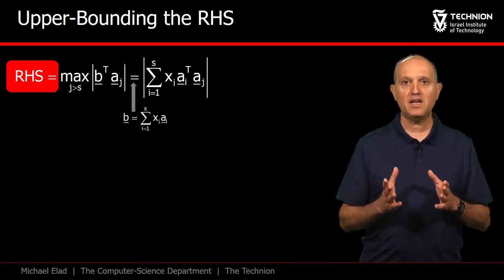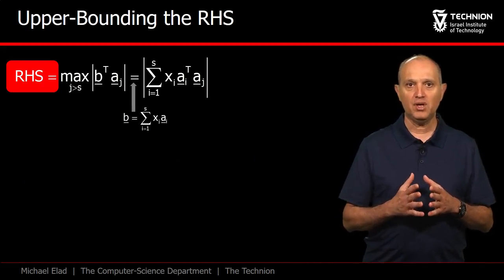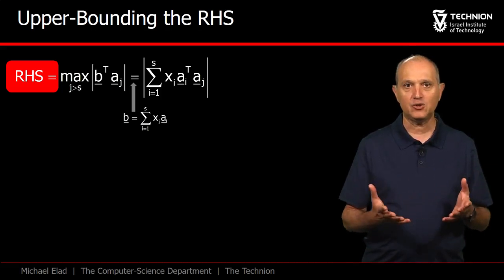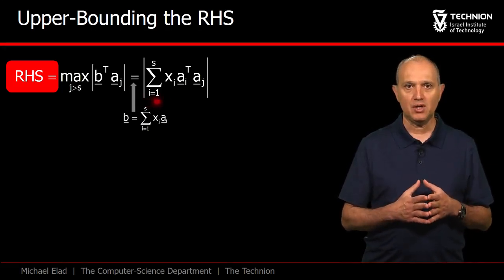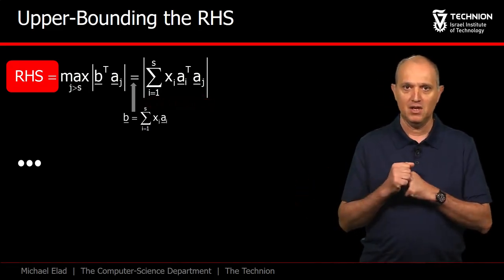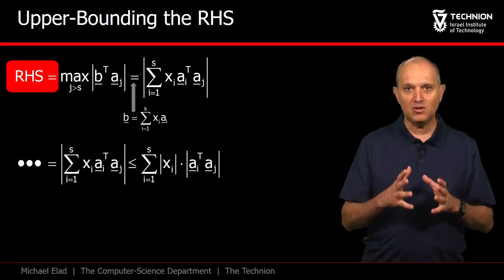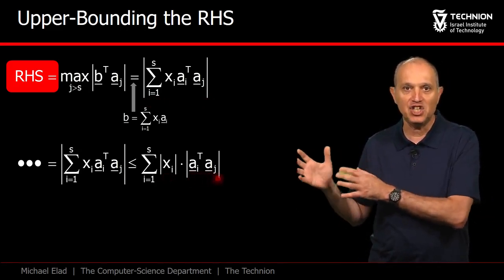We start with the right-hand side expression, and the first thing we do is to replace the vector B by the weighted sum of the first S atoms in A. We are supposed to upper bound this expression, and the way to do so is by moving the absolute value into the summation. Observe that in doing so, the absolute value can operate separately on xi and on ai transpose times aj.